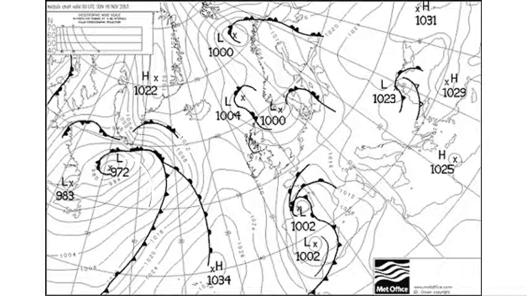For example, meron ako ditong iba't ibang symbols ng chart. May makikita tayo dito na we have here an occluded front. Okay, occluded front yan. Meron ako ditong generating frontolysis.